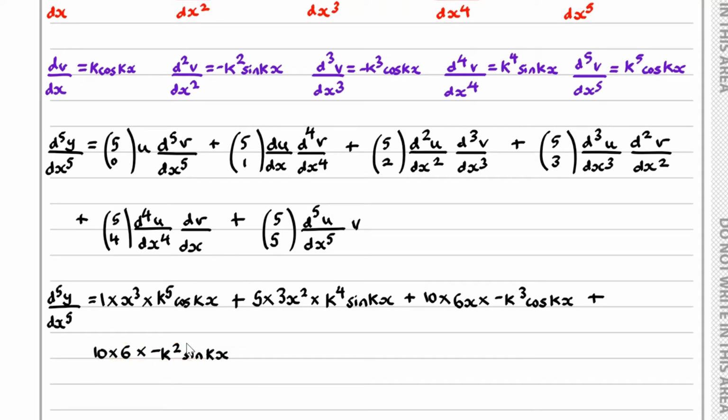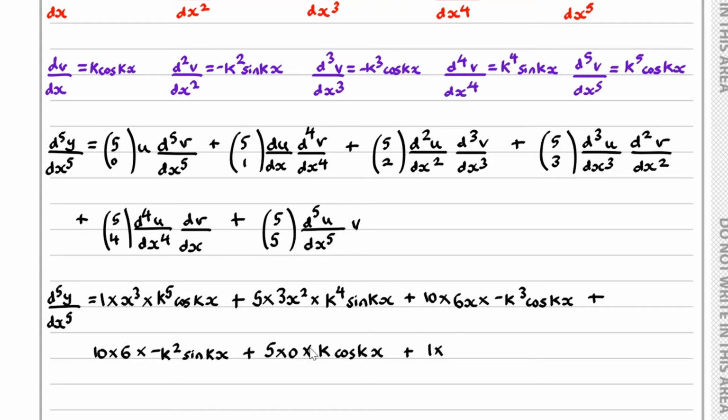And then finally, we have the remaining terms. 5 choose 4, that's 5. So we add on 5 times the fourth derivative of u, which is 0, multiplied by the first derivative of v, that's k times the cosine of kx, and then we have 5 choose 5, which is 1.